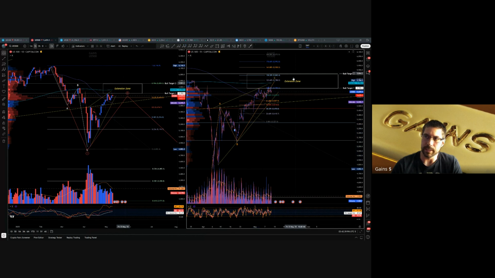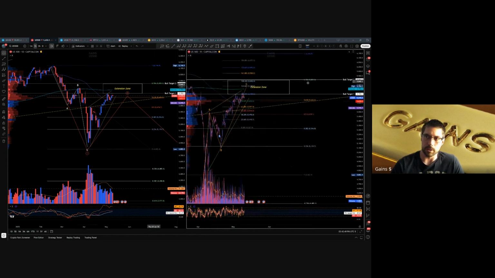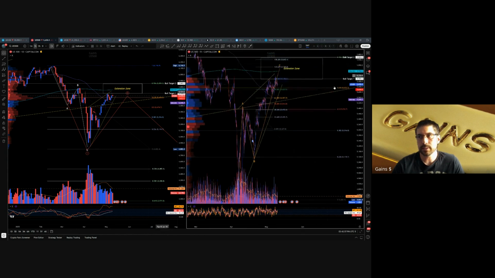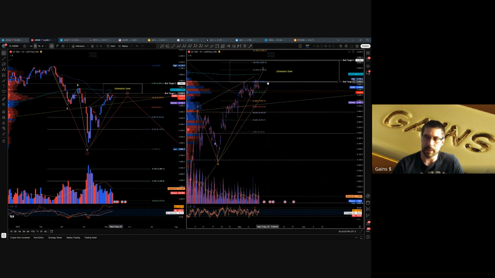I think we could probably see this 5788, but even 5850 is probably realistic, and that's just because these are longer term fib levels. Since this 0.618 has been breached and we haven't really had a retreat yet, what we could see is this 5700 level being the last one here. So let me take some of this stuff out.